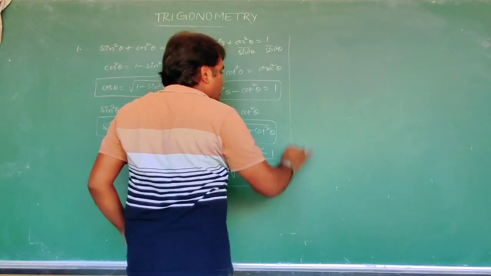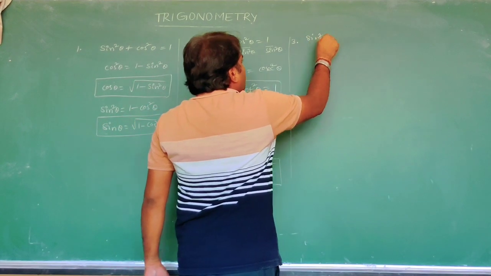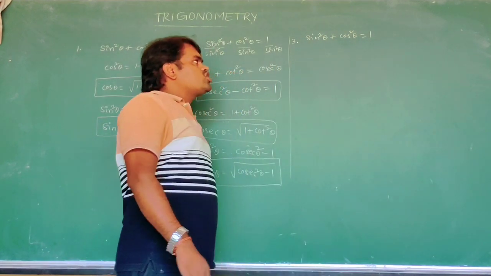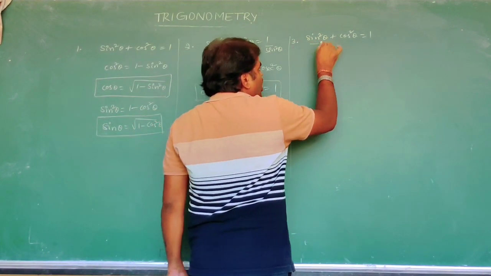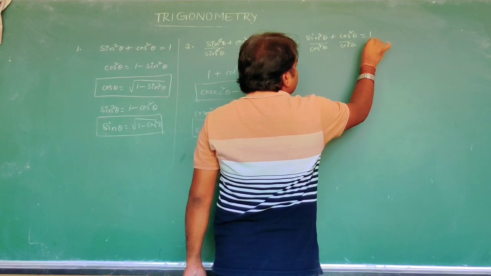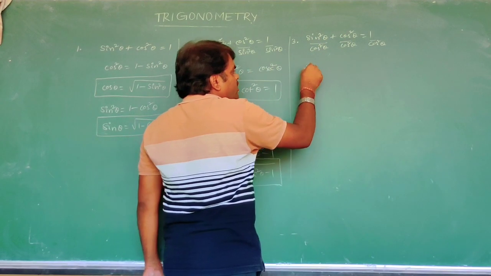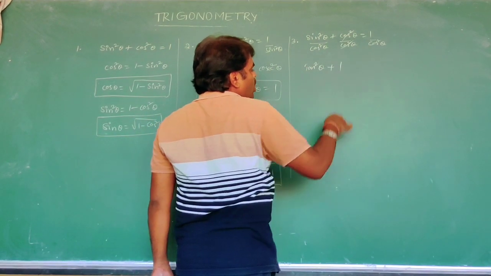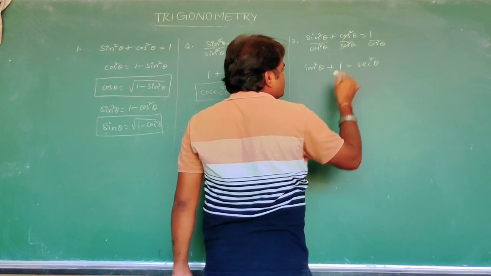Now the third one: sine square theta plus cos square theta is equal to 1. Divide both sides by cos square theta. Here sine square by cos square means tan square theta, plus 1, is equal to secant square theta.